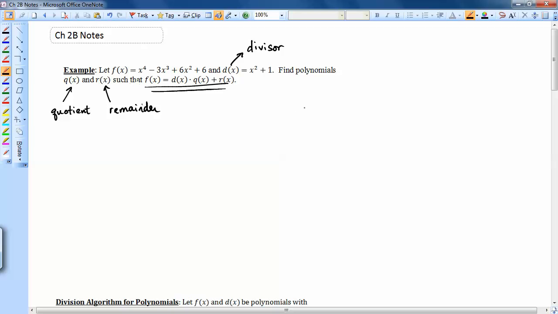So really this boils down to x to the fourth minus 3x cubed plus 6x squared. Now there's no x term, so I'm going to write plus 0x plus 6 here. And then I'm going to divide that whole thing by the divisor, which is x squared plus 1. Again, I'll write plus 0x as a placeholder, and then plus 1.